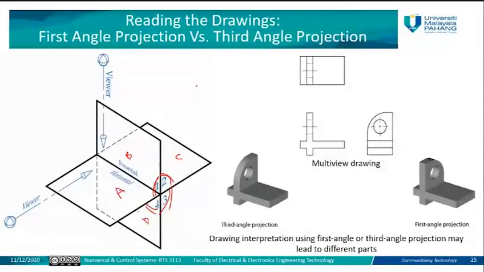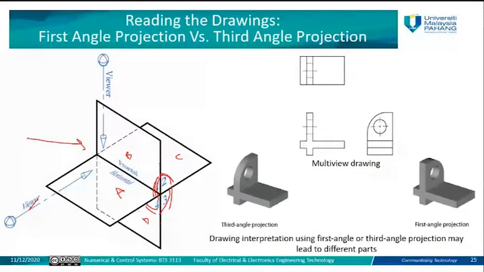So if I want to see which one is my front view, which one is the top view, which one is the right side view, and which one is the left side view, this depends on the viewer angle. So this is the viewer here. If he looks from this side, this will be the first angle view, because he focuses on the first angle side. The view comes from this side, so it is all the first angle projection.